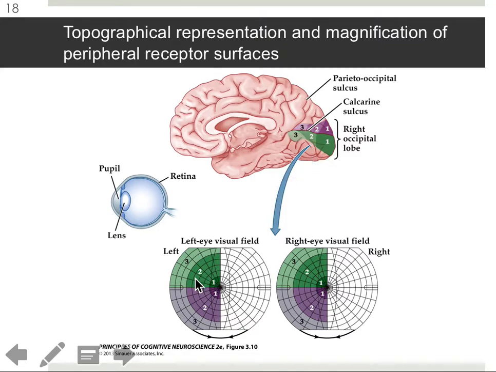Another thing to note is that much like the left and right visual fields are flipped in the brain, the top and bottom visual fields are also flipped. So the areas that are dorsal of the calcarine sulcus are sensitive to visual input in the lower visual field, and vice versa.